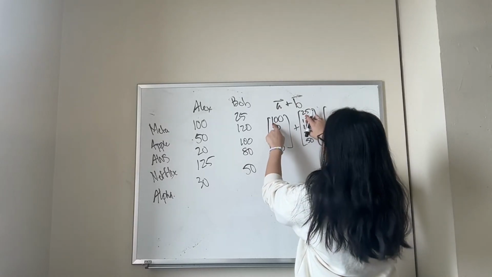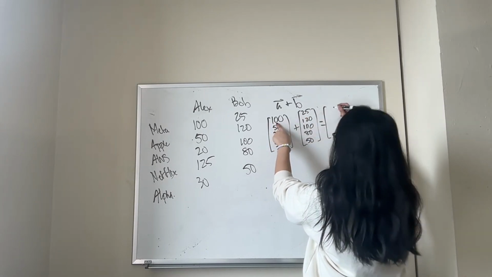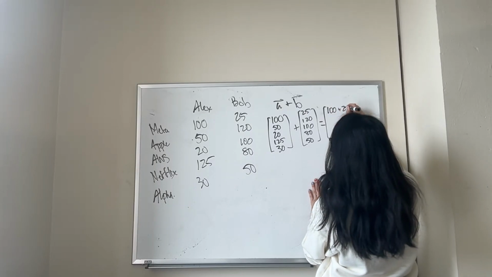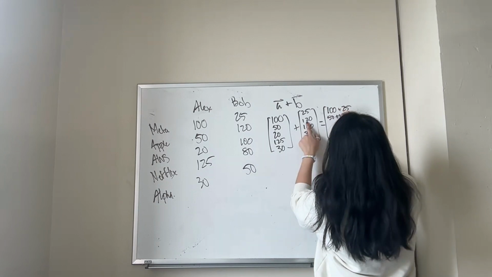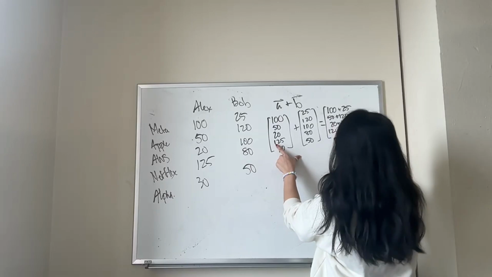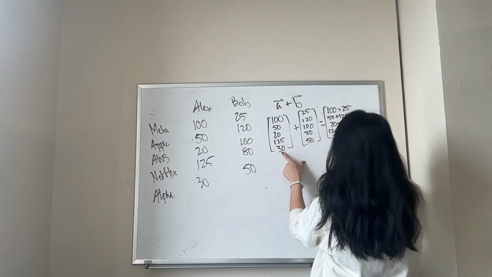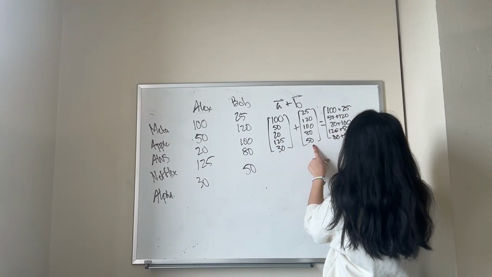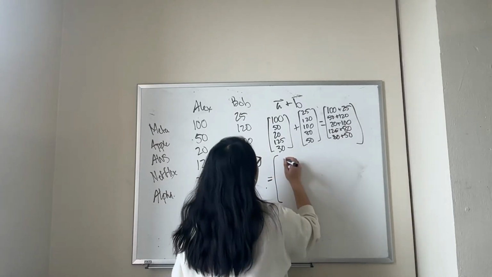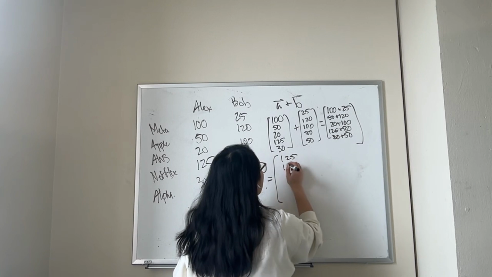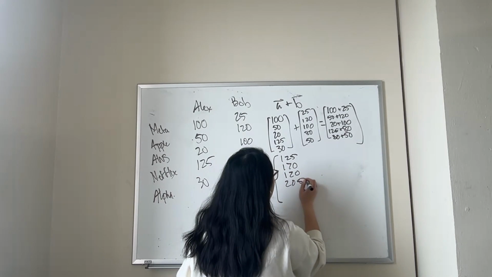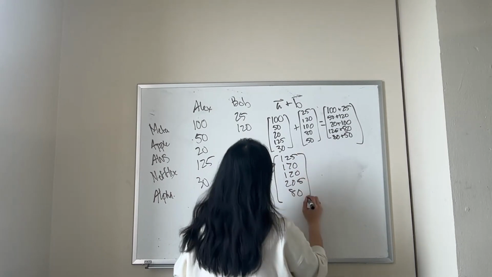And now we know we can just pull these components into one vector and do the addition inside. So we'd have 100 plus 25, 50 plus 120, 20 plus 100, 125 plus 80, and then 30 plus 50. And hopefully you get 125, 170, 120, 205, and 80.